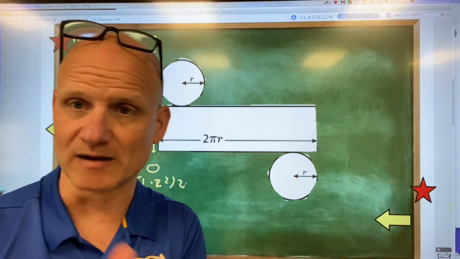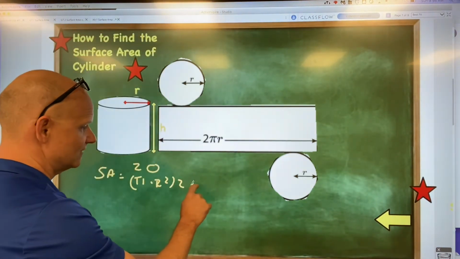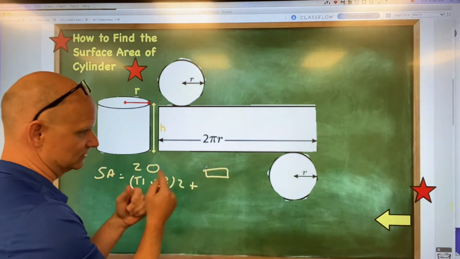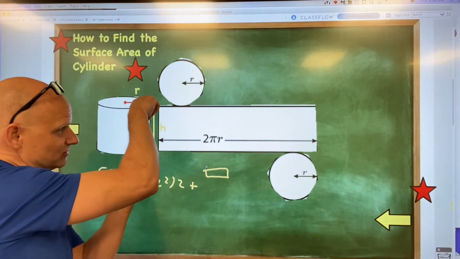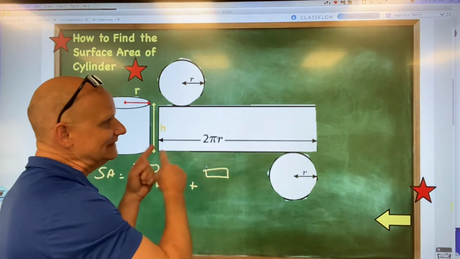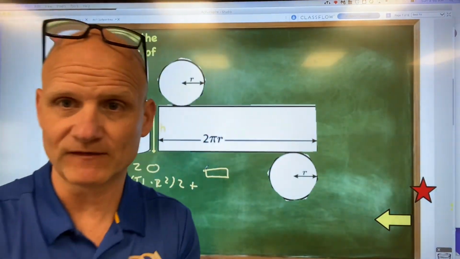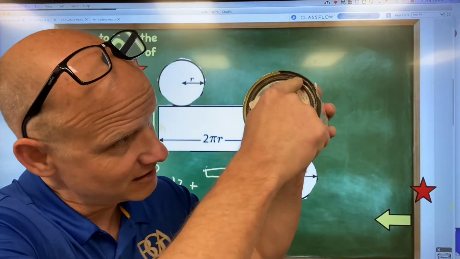Plus, you also have the area of the rectangle. So there's 2 circles plus this rectangle. Well, you know the height. We could just measure that. What is the length of the rectangle? The length of the rectangle is the circumference, right? If I peel this off, it unwraps, it goes all the way around.